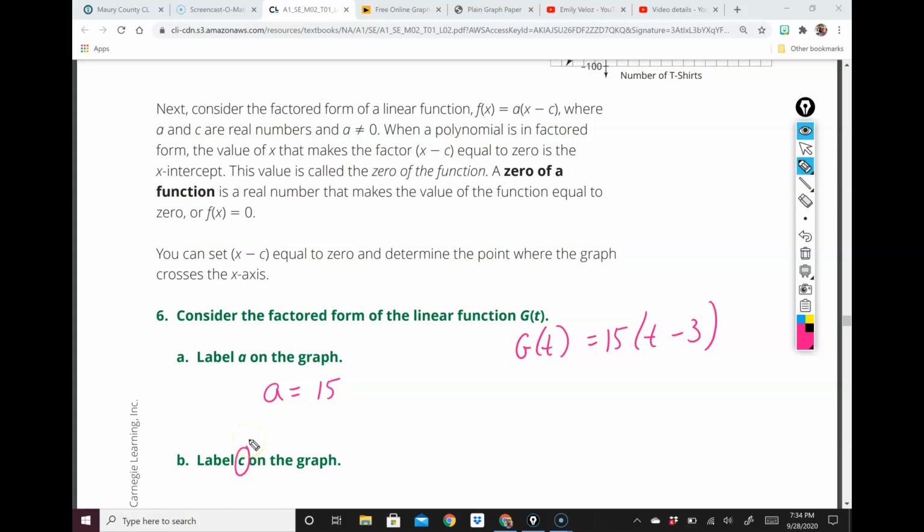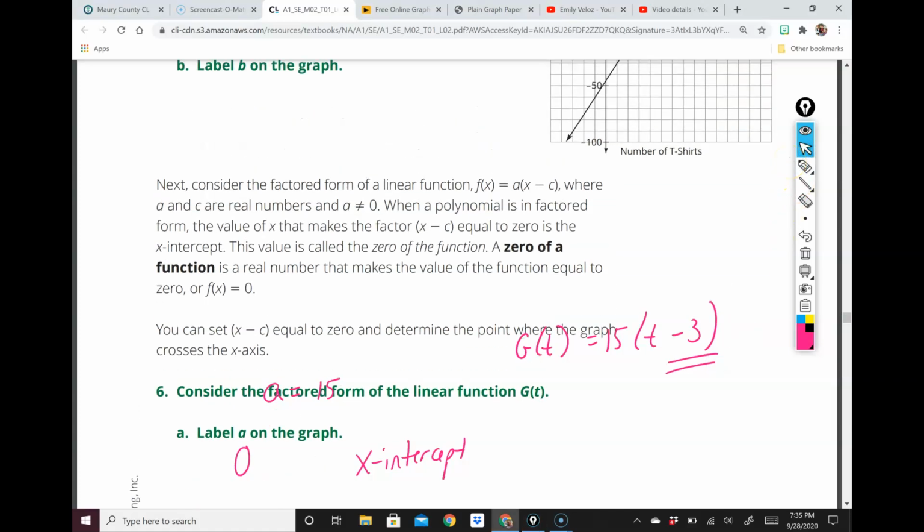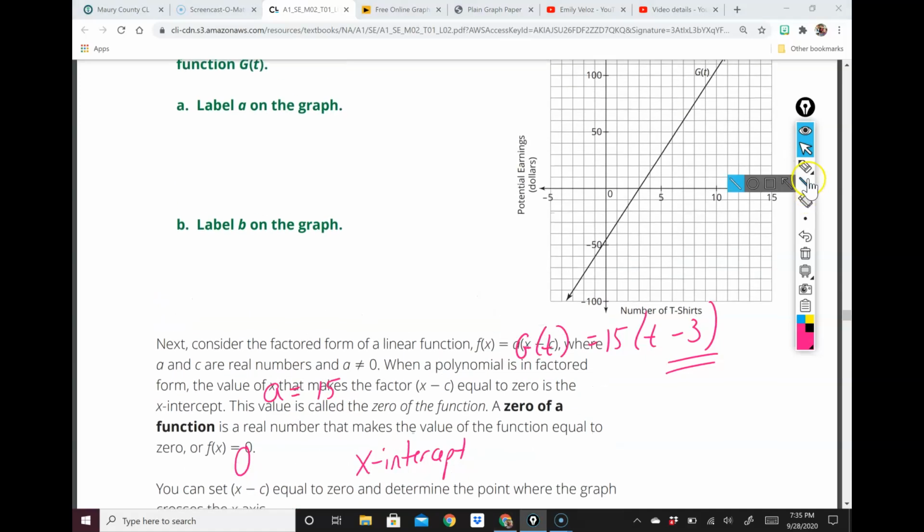Now C is my x-intercept. It's where it crosses the x-axis. Notice my x-intercept is 3. So if we go up here to the graph, we would have the same triangle representing A as 15, and my x-intercept would be (3, 0). That would be my C.